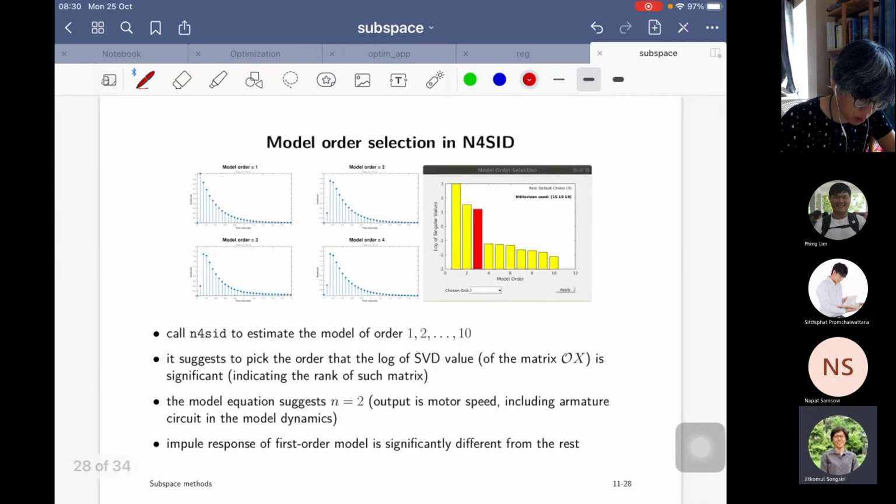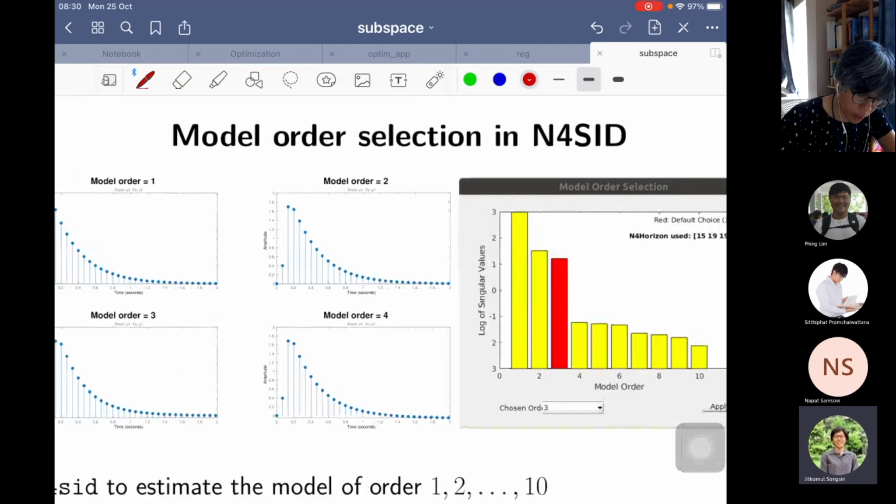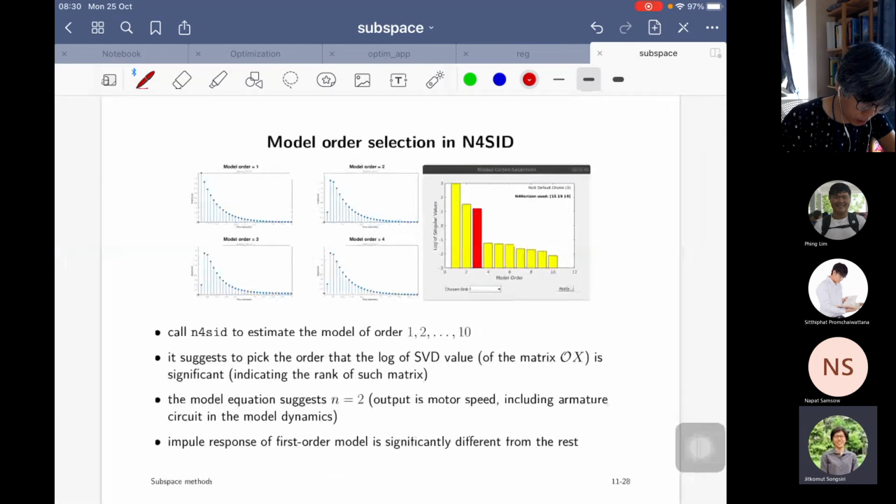Here's a process along the way. In order to estimate system parameters using a basic subspace algorithm, you can call S4 SID.